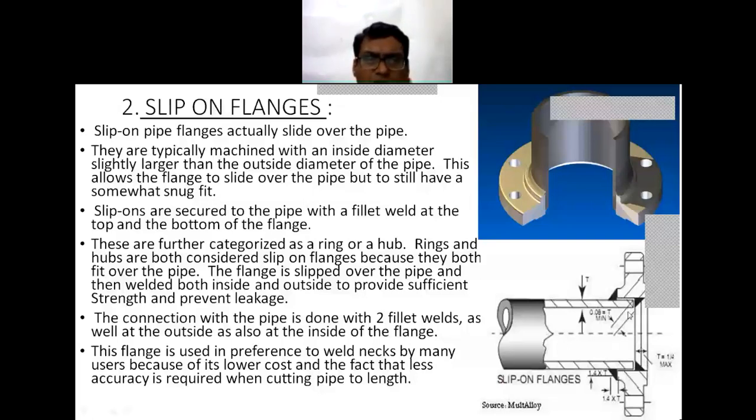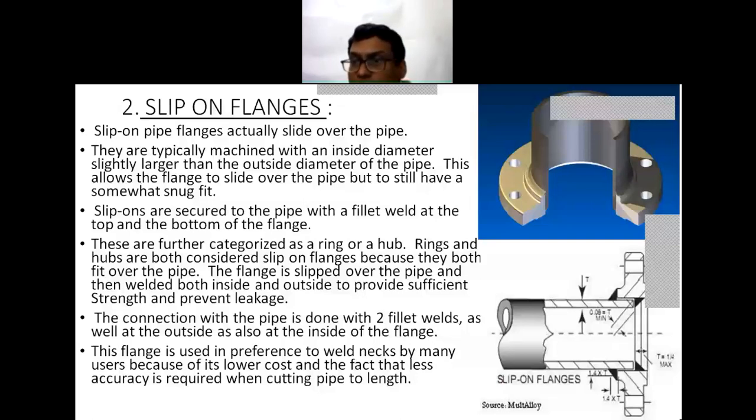Further, these are categorized as the ring or hub. That is the slip-on flanges. It can be categorized as the ring or hub. These ring and hub types are both considered slip-on flanges because they both fit over the pipe.